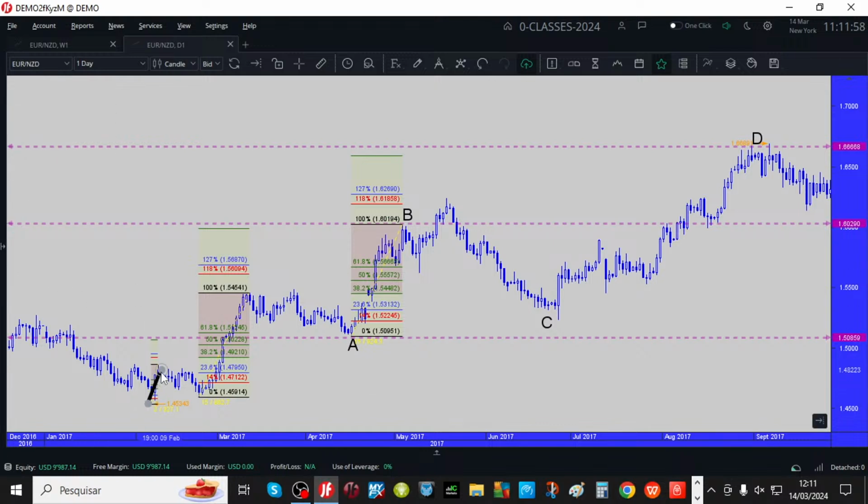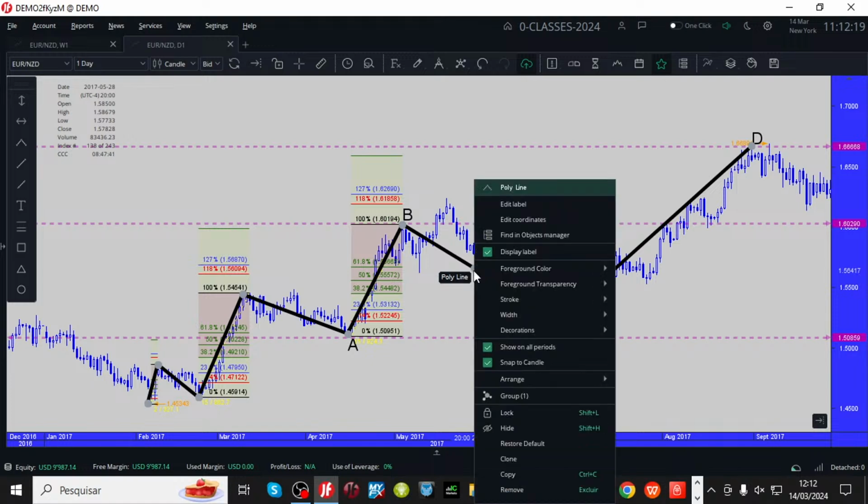Now, if it helps you, you can also do like this. You can go A to B, B to C, C to D. A to B, B to C, C to D. There is no right or wrong. Makes sense? If it helps you.